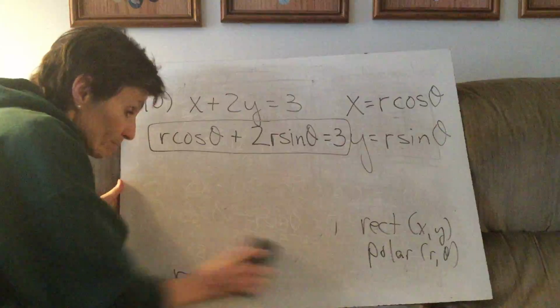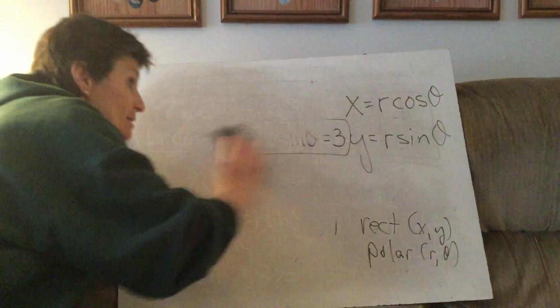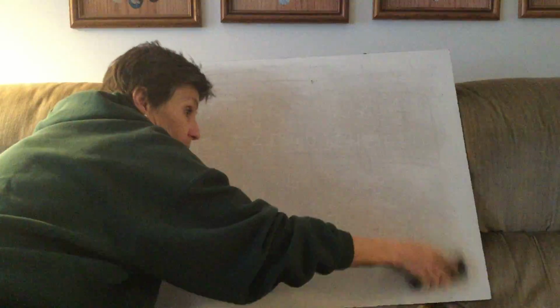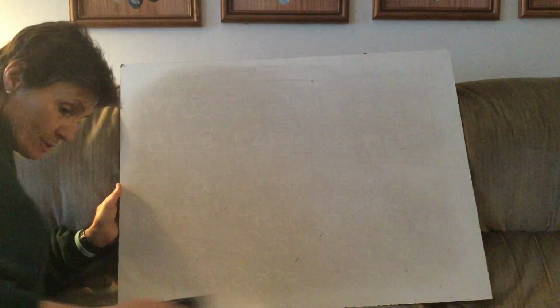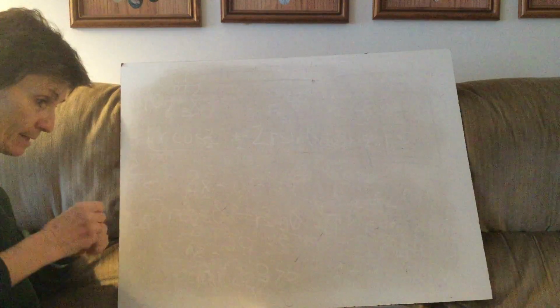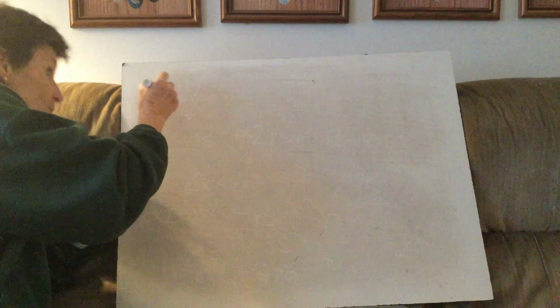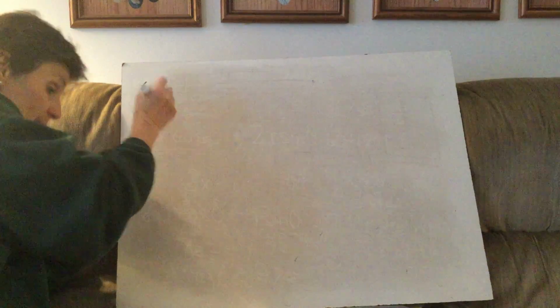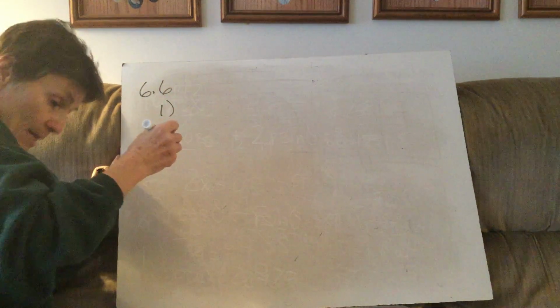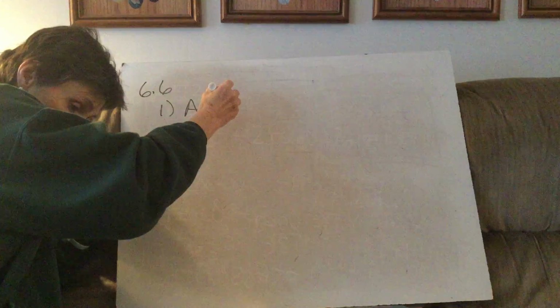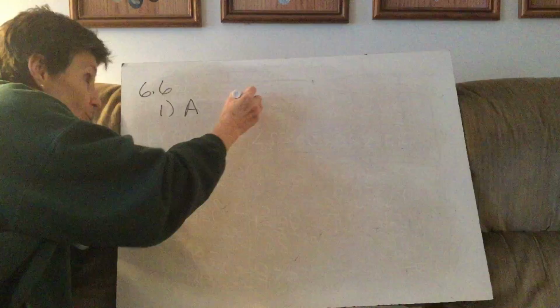Okay. Now we're moving on to 6.6 in our notes. And we are going to plot a complex number. So this is 6.6, and this is number 1A. And we are going to plot the number 1 minus 2i.